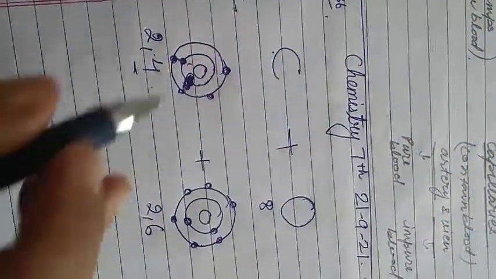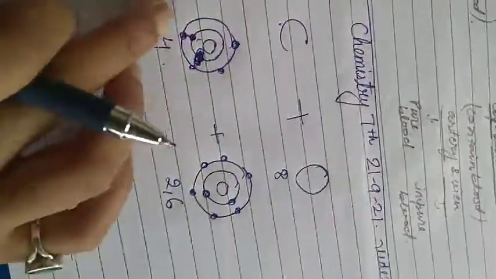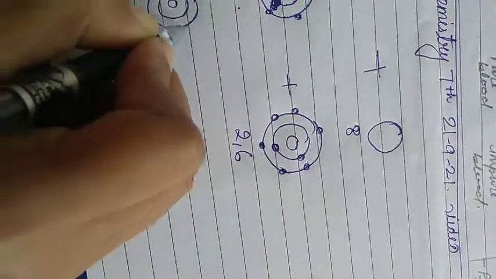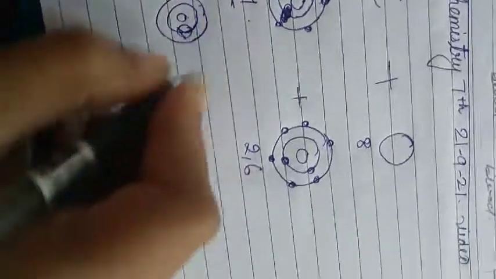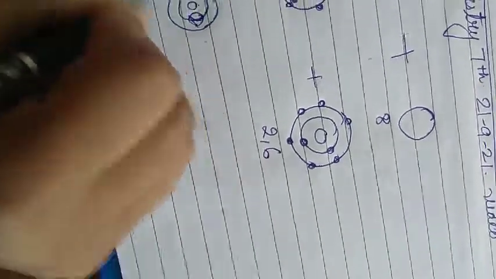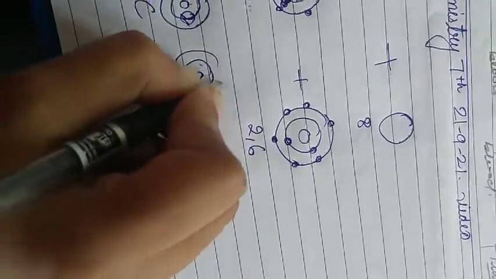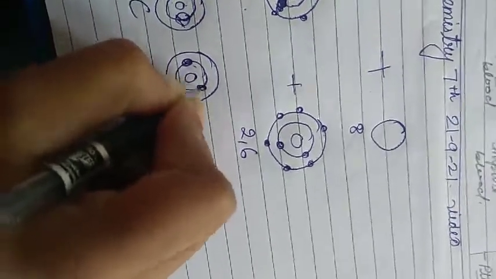So what will be the possibility? They will share electrons in between. I'm writing 2 here, because the first shell has 2. Now it is carbon, it is oxygen. The first shell has 2 electrons.